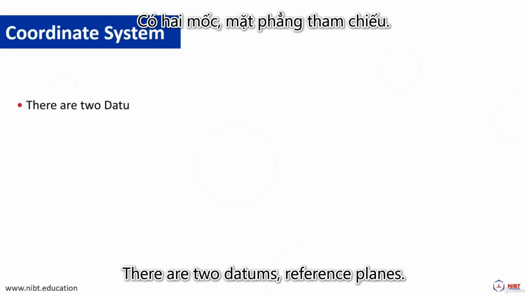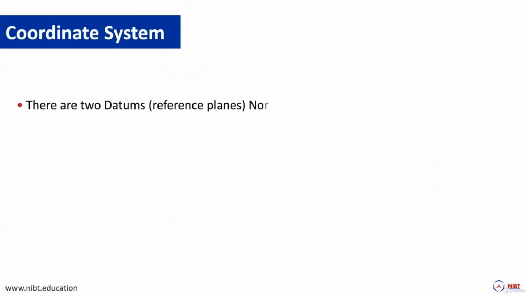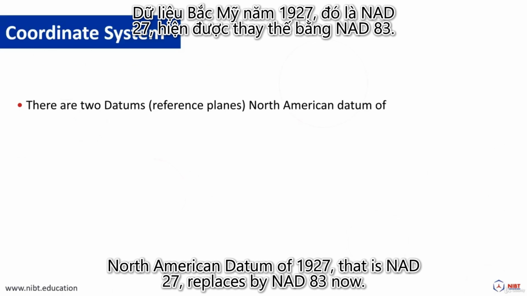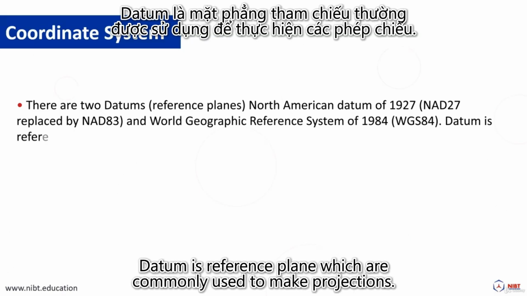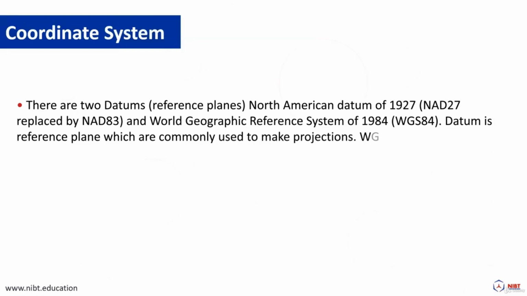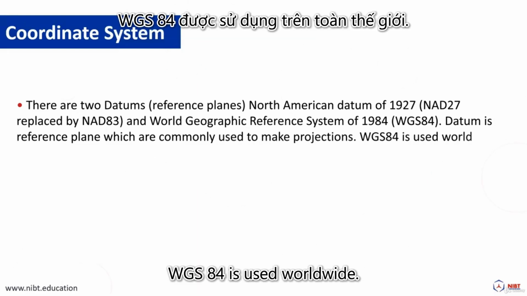There are two datums, which are reference planes: the North American Datum of 1927, that is NAD 27, now replaced by NAD 83, and the World Geodetic System of 1984, WGS 84. A datum is a reference plane commonly used to make projections. WGS 84 is used worldwide.